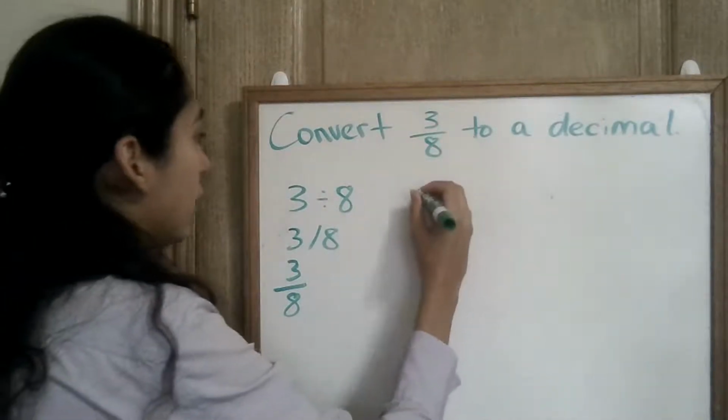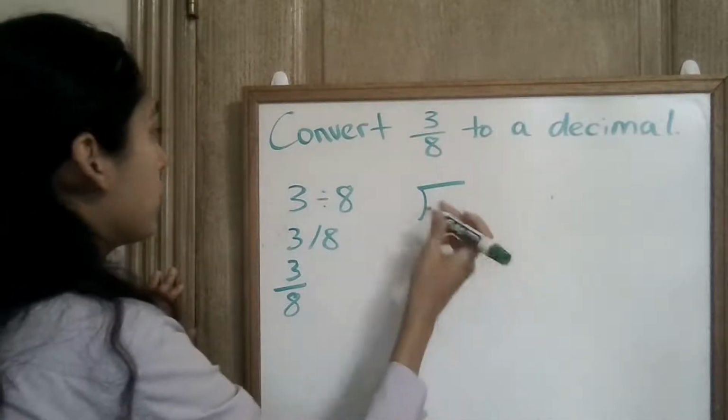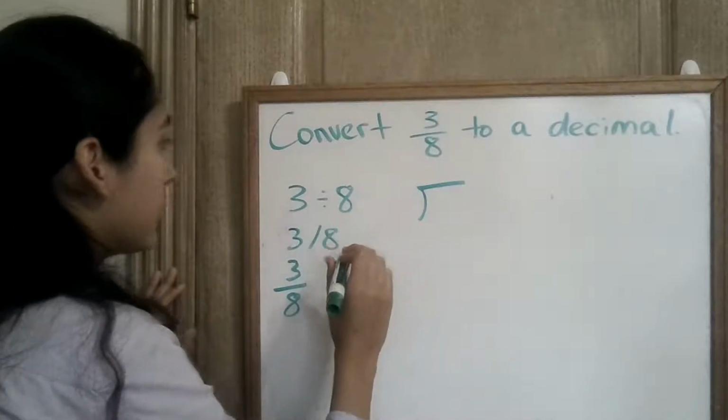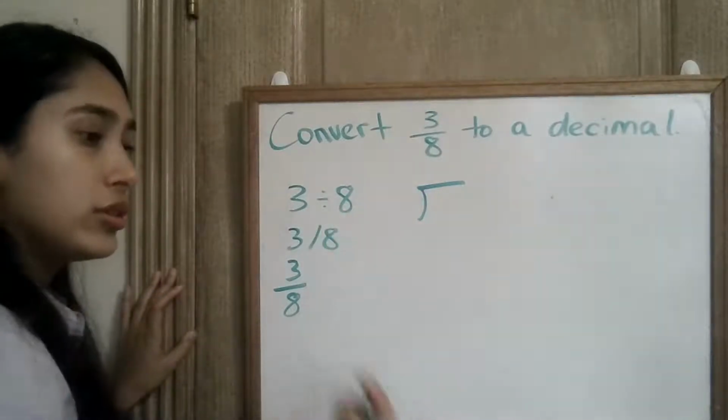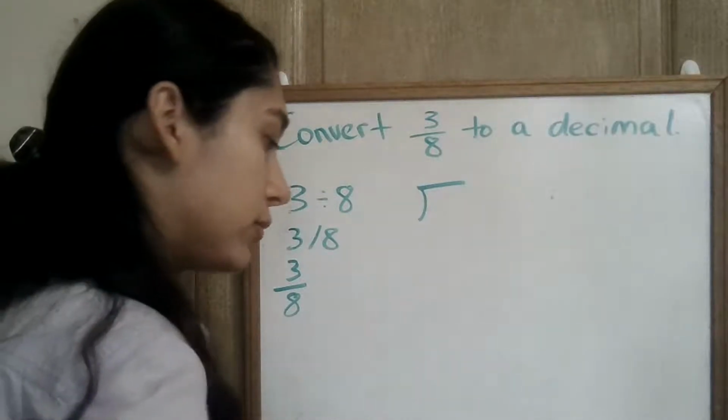So we're gonna set up our little house when we use division. We're gonna divide 3 divided by 8. You can always use a calculator to calculate this, so let me just pull out a calculator for now.